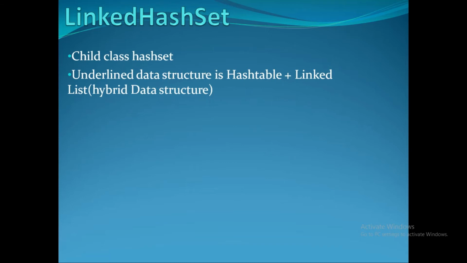As we have seen, in hash set the underlying data structure is a hash table, but in linked hash set we use hash table plus linked list, the combination of both. That's why it is called a hybrid data structure. Internally hash set also uses the hash table because hash set uses the hash map and hash map internally uses the hash table. So this is the second point.